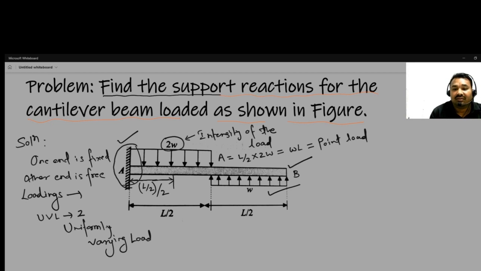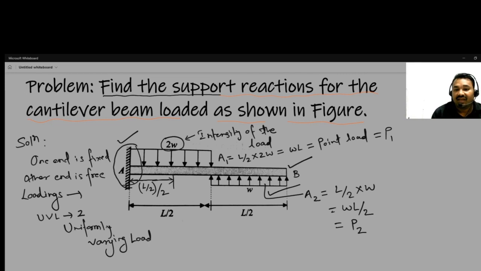Okay, so how do we find the area? Suppose this is area 1 and this is area 2, and this is P1. So area 2 is L by 2 multiplied by W. So WL by 2, and it is again a point load or concentrated load.